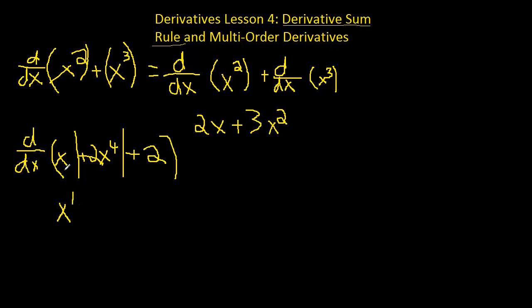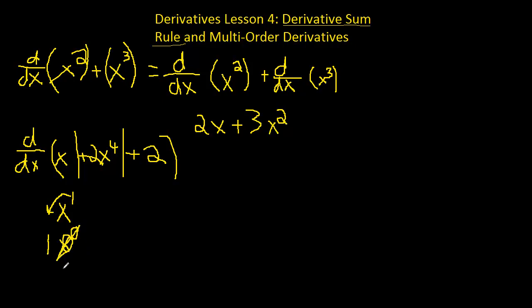This is x to the 1, and if we bring the 1 down, then this goes to 1, and then becomes x to the 0 power, and anything to the 0 power is 1, so it's just 1 times 1.